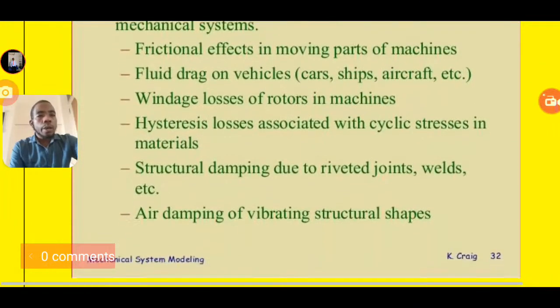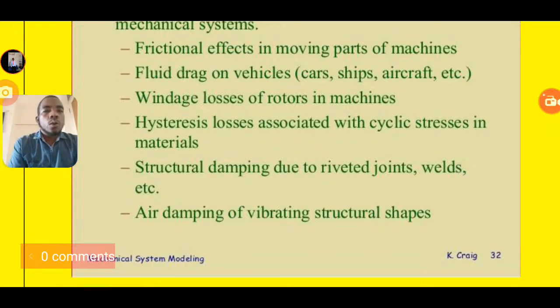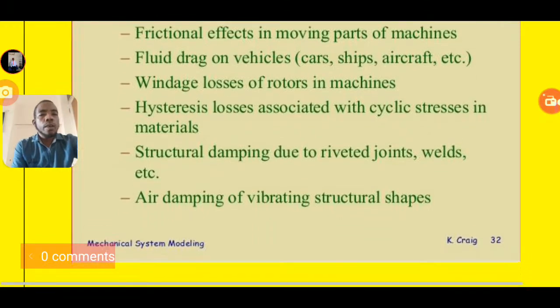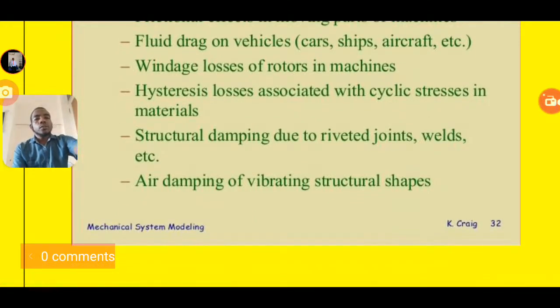So the windage losses of the rotors in machines. So the high stress losses associated with the cyclic stress in materials. The structural damping is due to joints or welds. So air damping of the vibrating structural shapes.